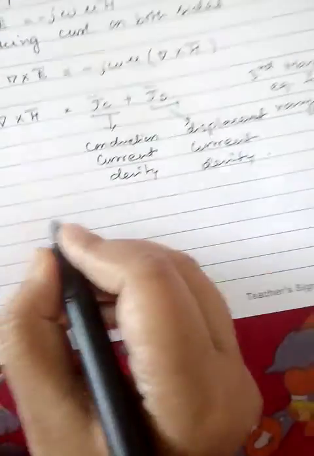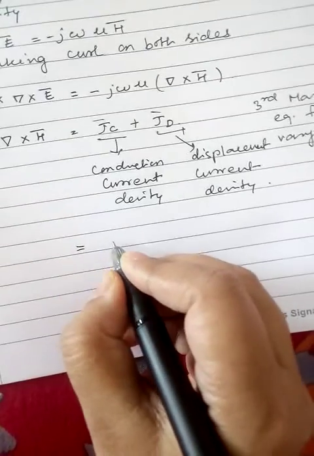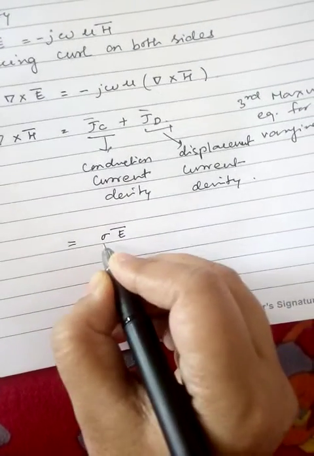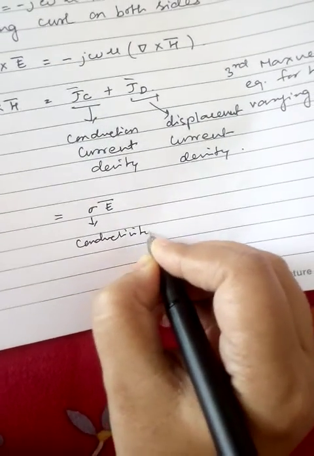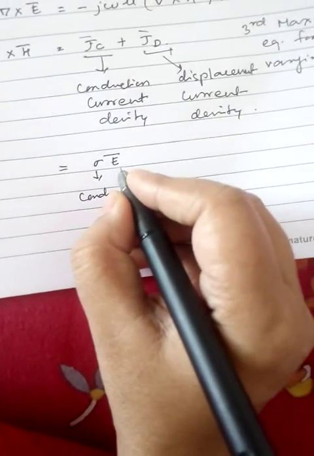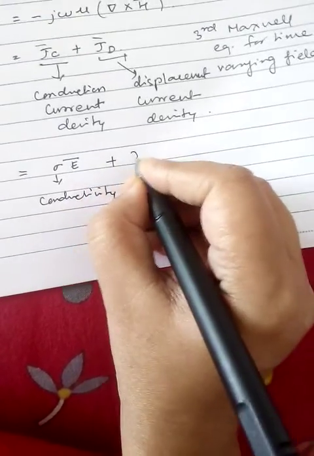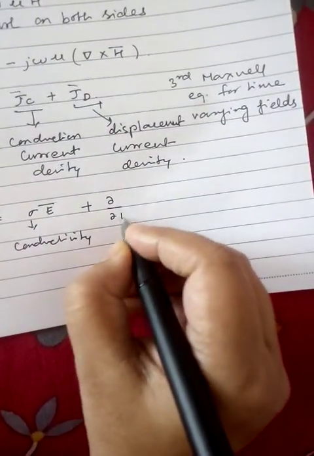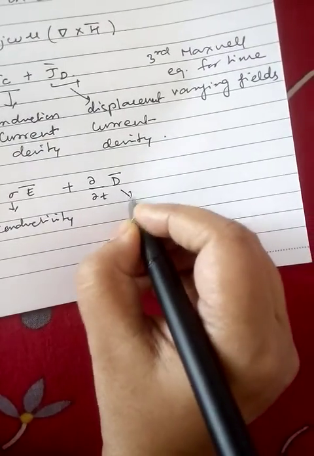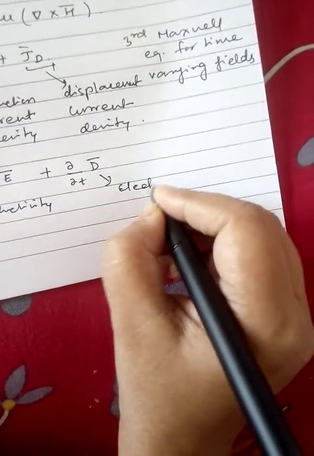Now we know that Jc is equal to sigma E, where sigma is the conductivity and E is the electric field intensity, and Jd is equal to del by del t of D, where D is the electric flux density.